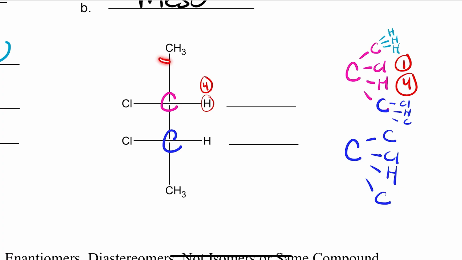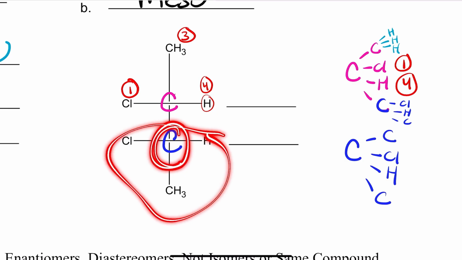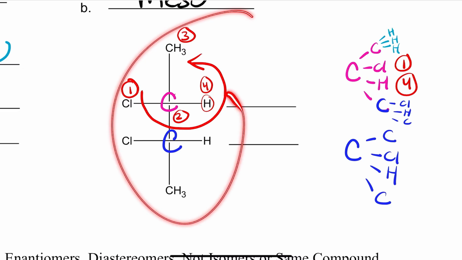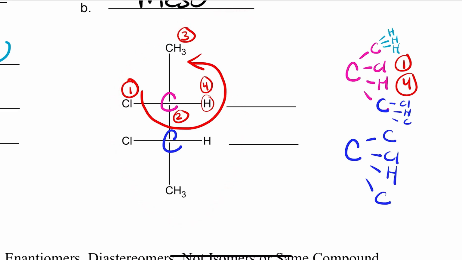So remember I said if you see a CH3, it'll automatically get the third, the next lowest priority. We know this one's definitely 1, so this one is going to get 2. So that means we're going to move in that direction, which is counterclockwise, which should be an S. But with Fisher projections, which this is, you flip it, so it's not an S, it's going to be an R.